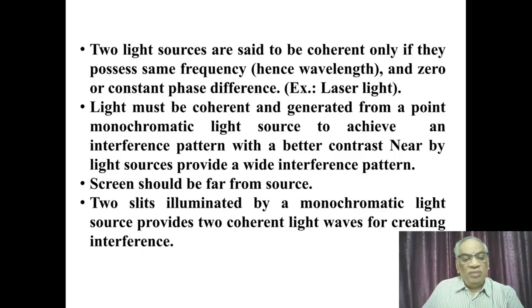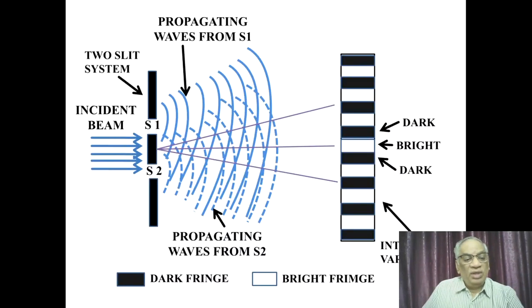The screen should be far from the source. The light generated from a monochromatic source is shown in this figure, and the light is allowed to pass through two slits S1 and S2, which are closely spaced and as fine in dimensions as possible.